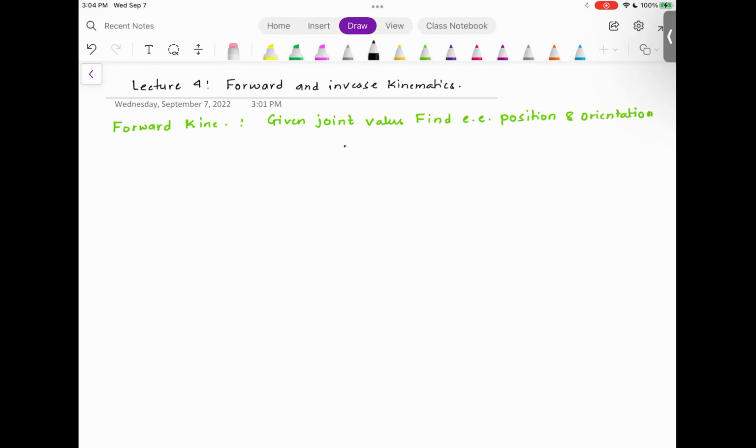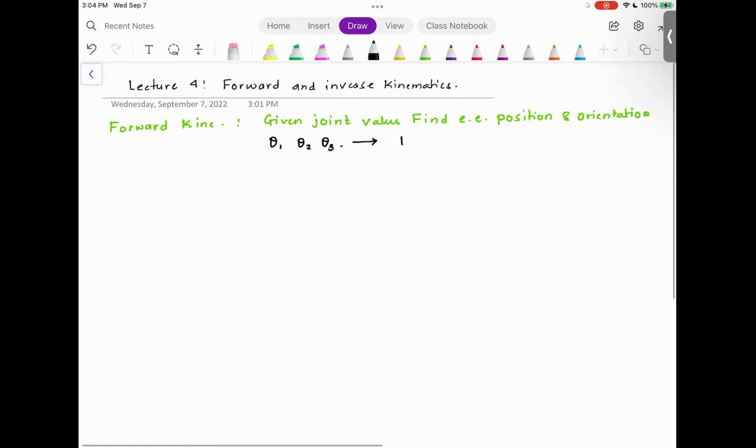EE stands for end effector. For example, joint number 1 has theta 1, joint number 2 has theta 2, and joint number 3 has theta 3. We substitute theta 1, theta 2, theta 3, and we should be able to get Px, Py, and Pz. These are the positions of the end effector.